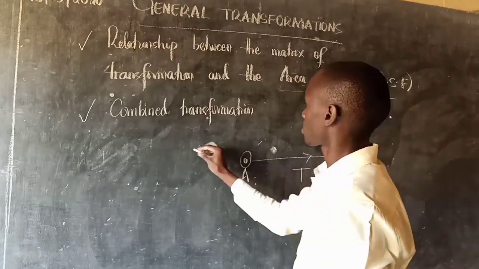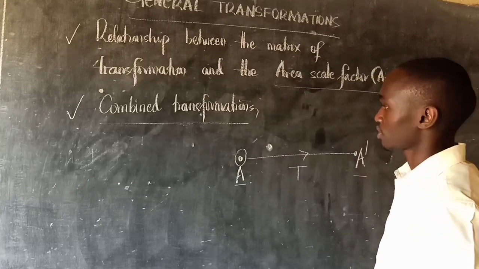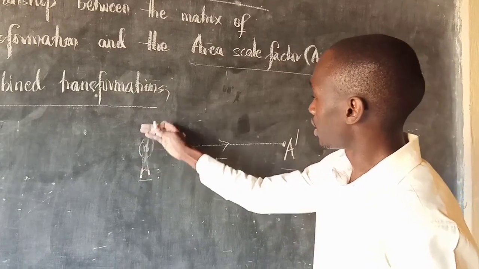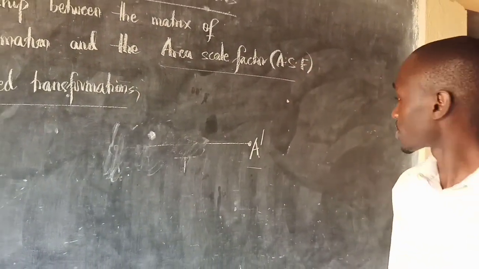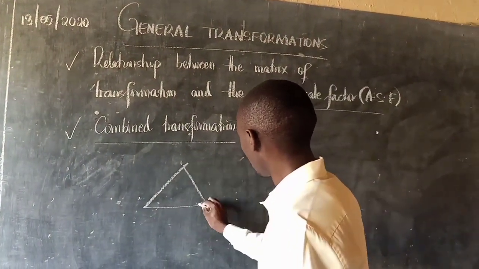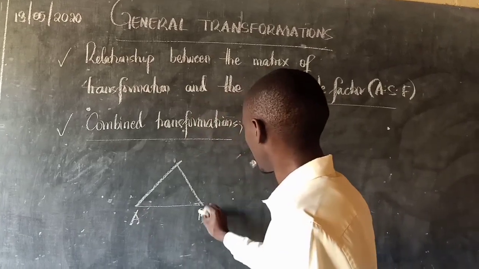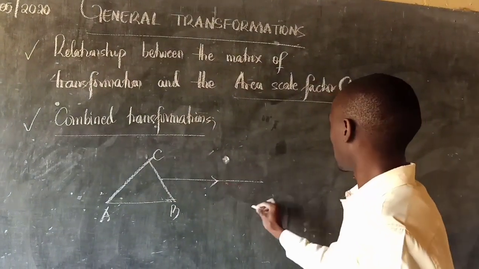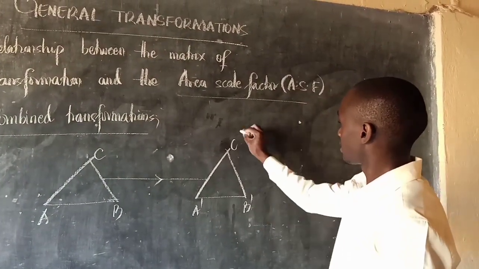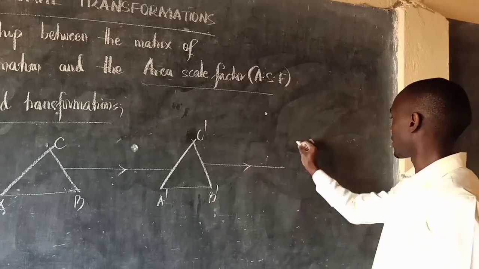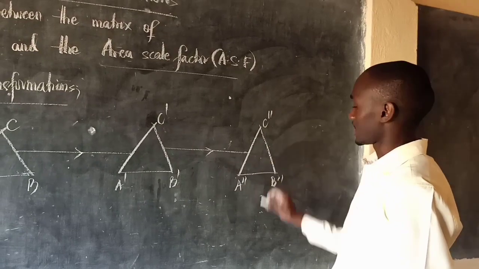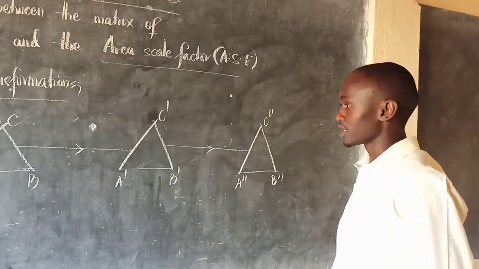Combined transformations, here we mean that the object under consideration, for example, a triangle ABC, is mapped onto A prime, B prime, C prime, and then further mapped onto A double prime, B double prime, C double prime as the second image.